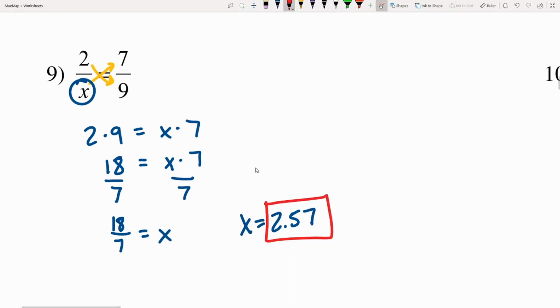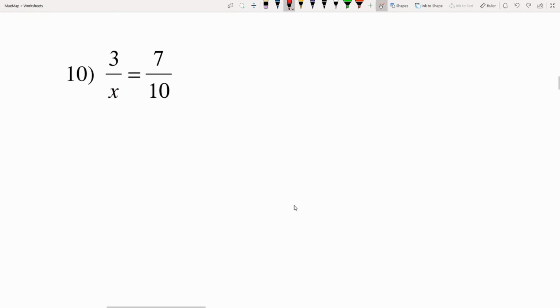And you can double check that by doing 2 divided by 2.57 and then 7 divided by 9 and seeing if those are equivalent. And again, in number 9 we rounded, so it might be slightly off, but it will be very close.